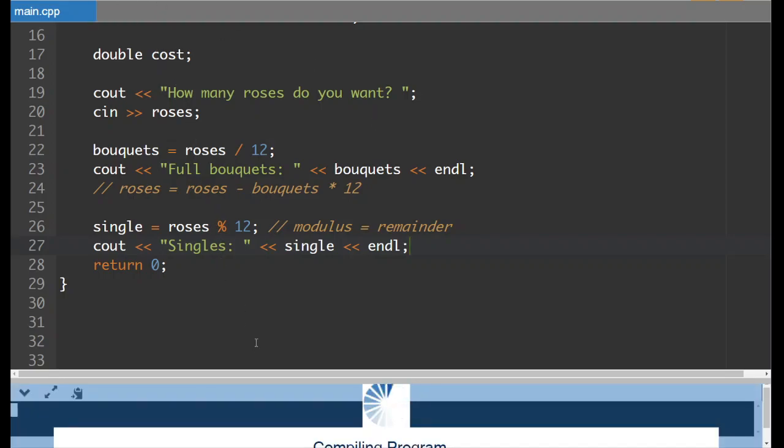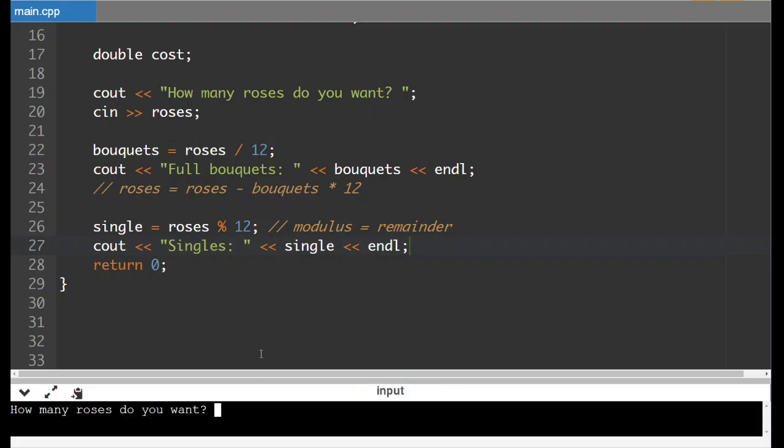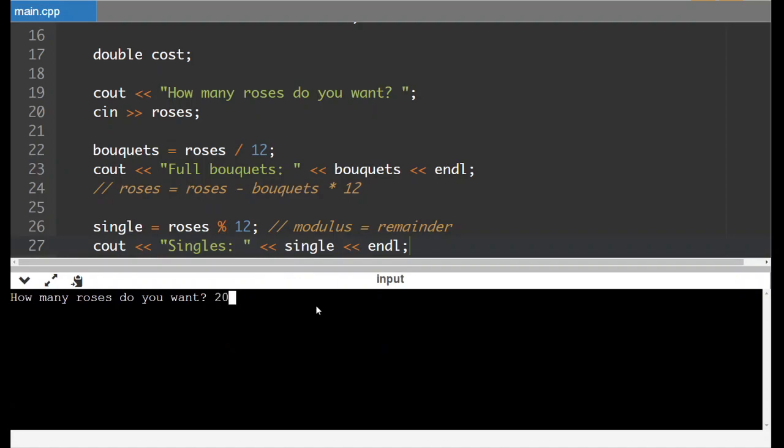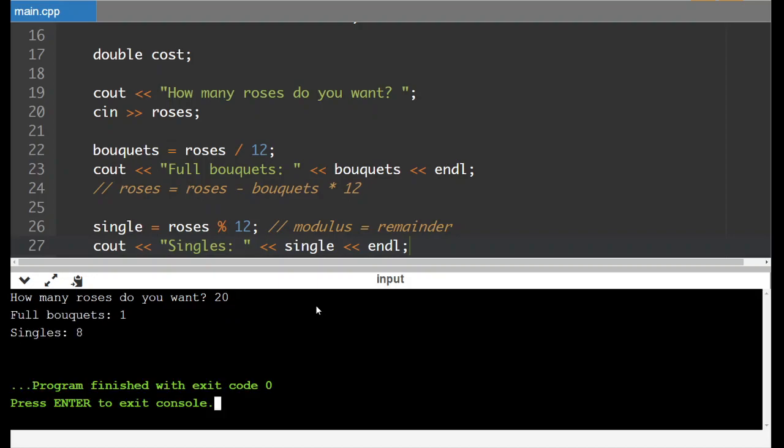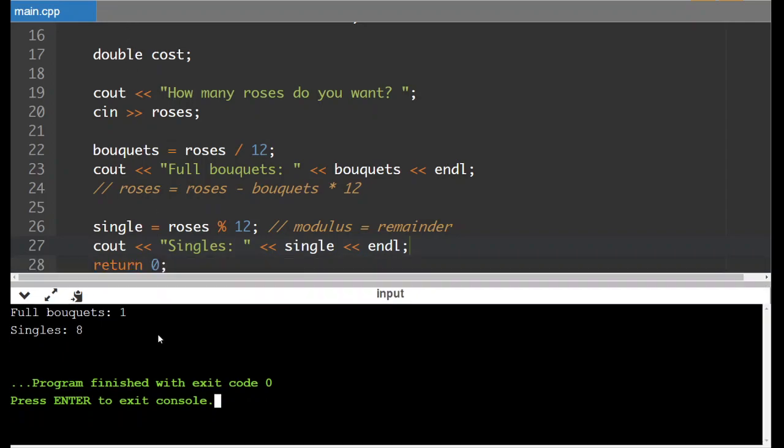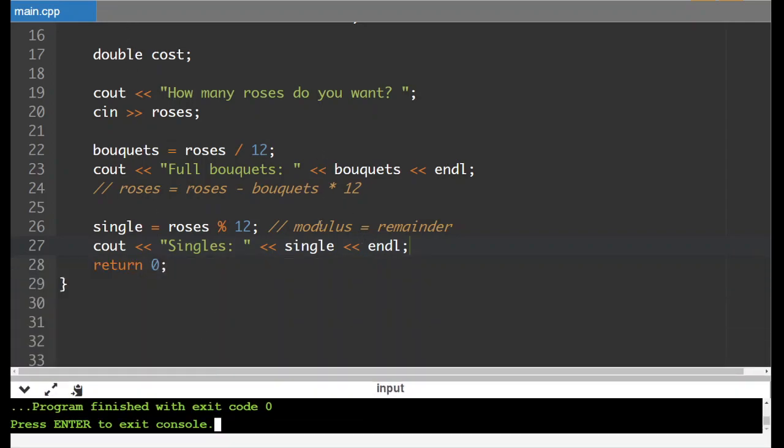So I'm going to put in my example of, let's do 20. So if I want 20, that should give me 1 full bouquet with 8 left over. And that's exactly what I get. So this is pretty useful. Now what we can do is we can use these values to determine what the total price of the order is.